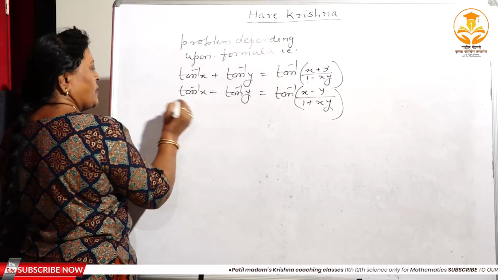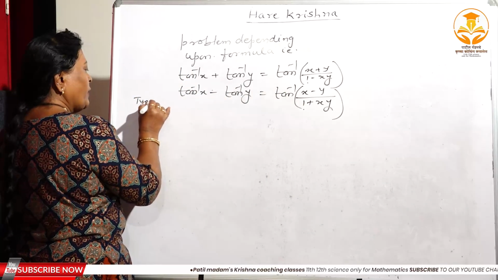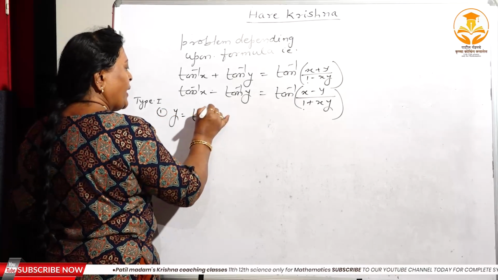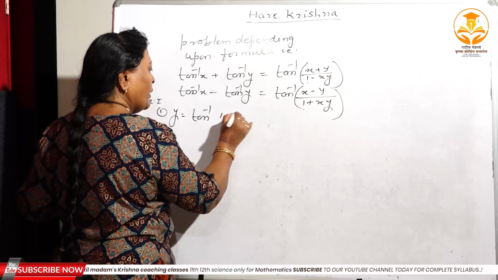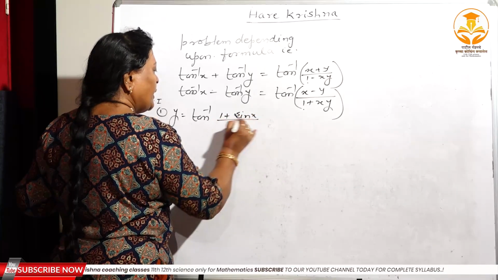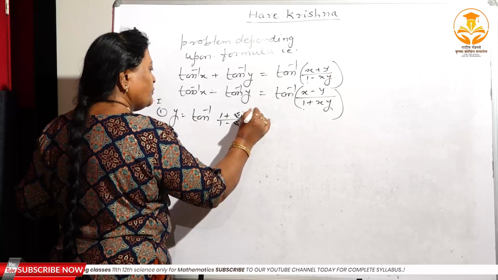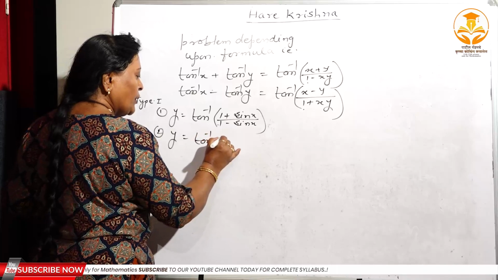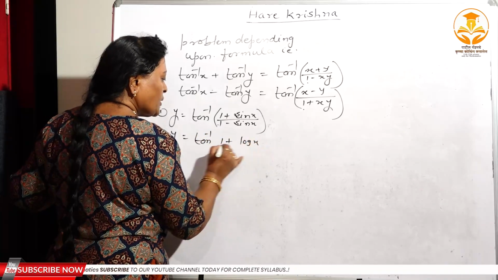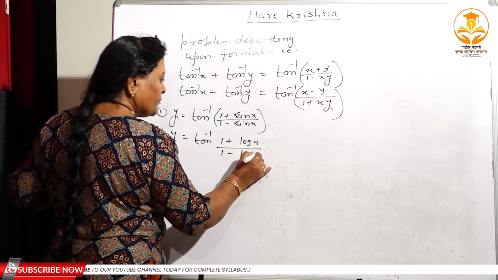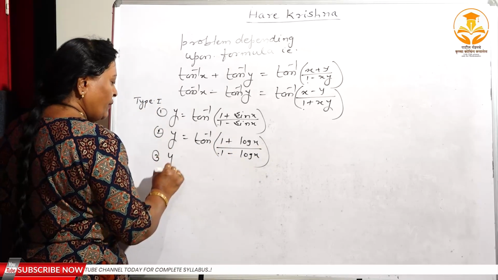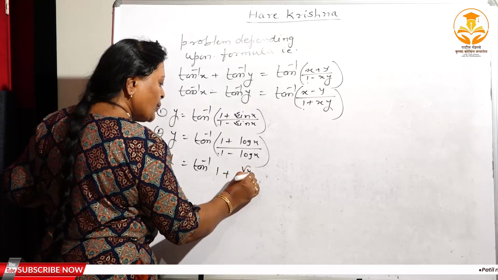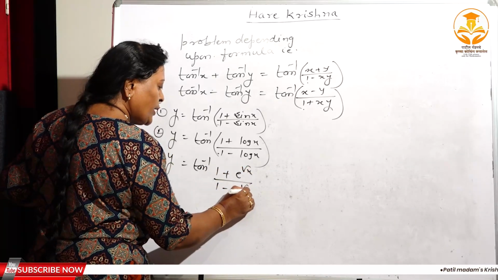Now here, this is type 1, first one: y is equal to tan inverse of 1 plus sin x divided by 1 minus sin x. Second one, y is equal to tan inverse of 1 plus log x divided by 1 minus log x. Third one, y is equal to tan inverse of 1 plus e raised to root x divided by 1 minus e raised to root x.